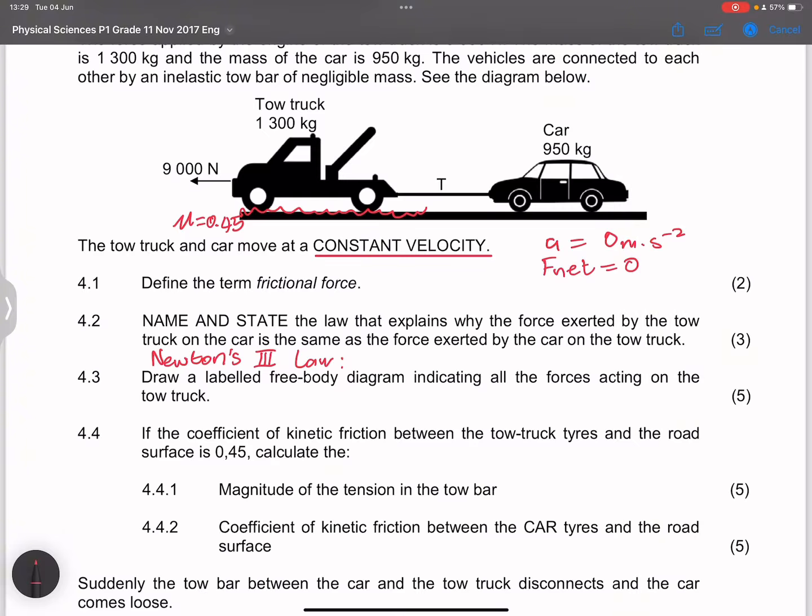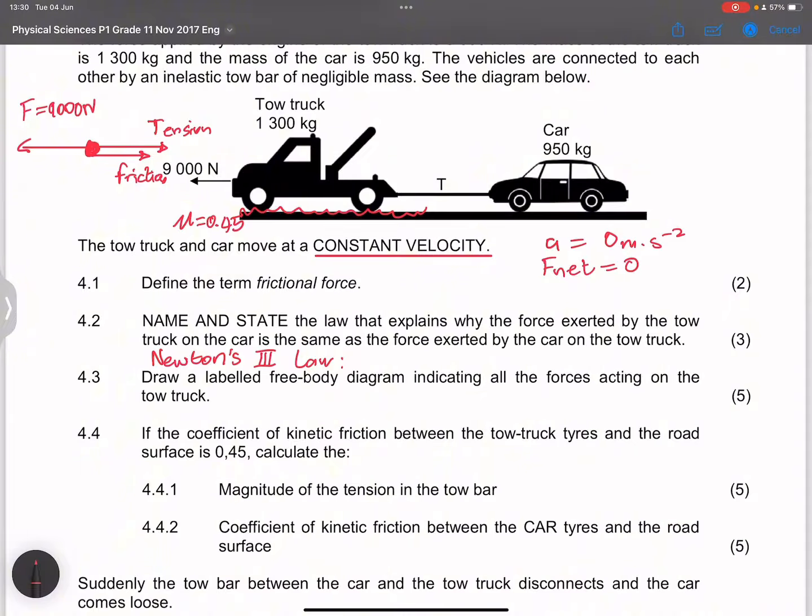I know I've got the applied force, which is 9,000. But I also have the tension on the string, which is what I'm looking for. But we also have the frictional force, so friction.